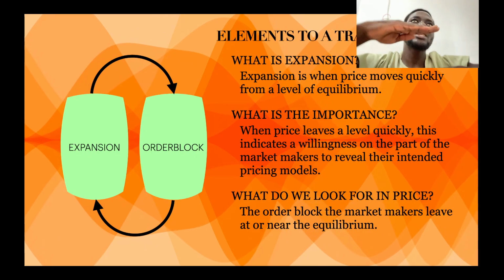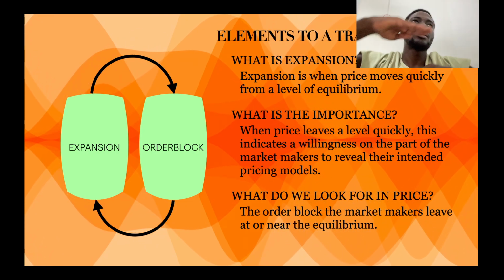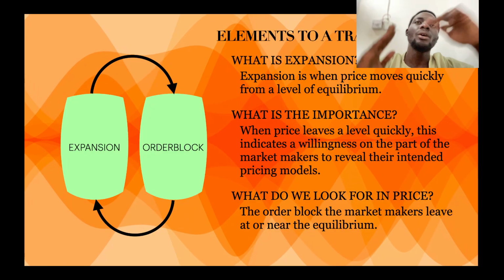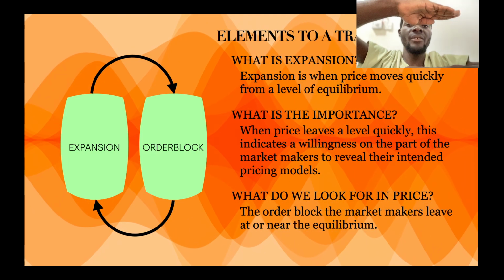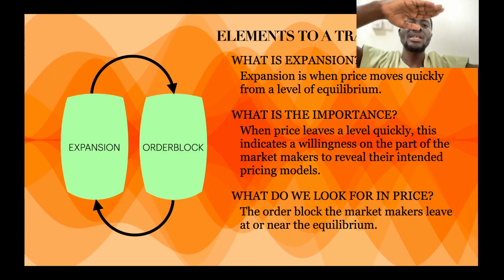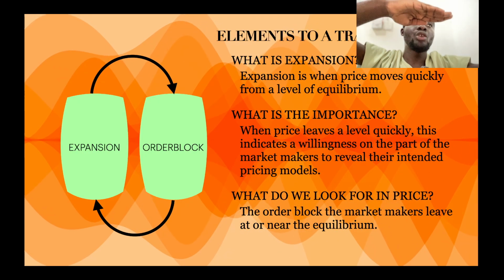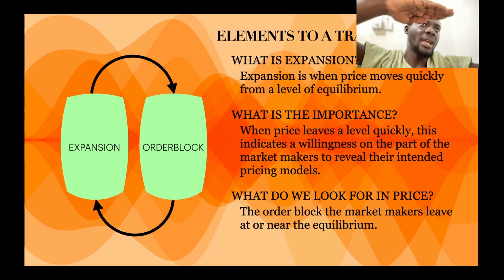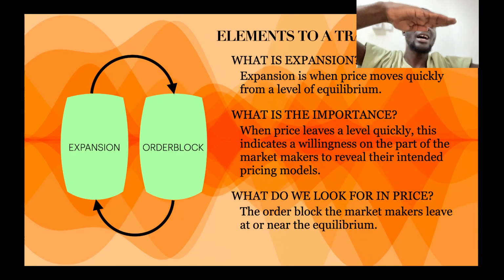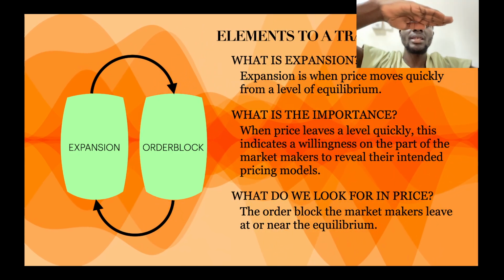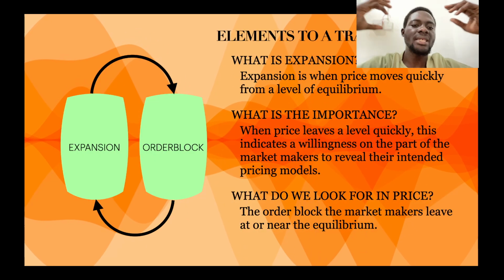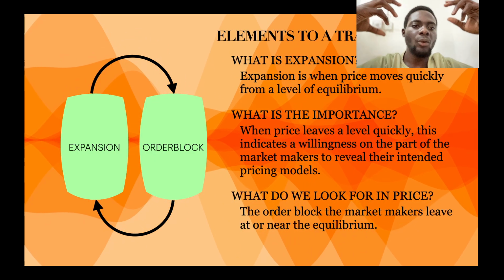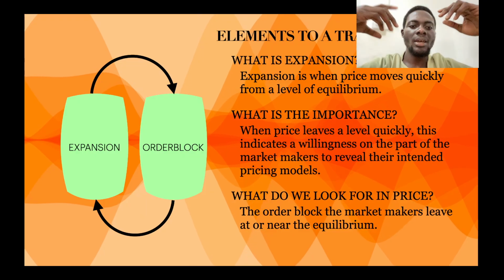So when you see price move out of this range, it goes up very, very fast, impulsively, then we can say, okay, market makers are trying to reveal their intended pricing models. They are trying to reveal a certain point they are going to attack next. You get what I'm trying to say?